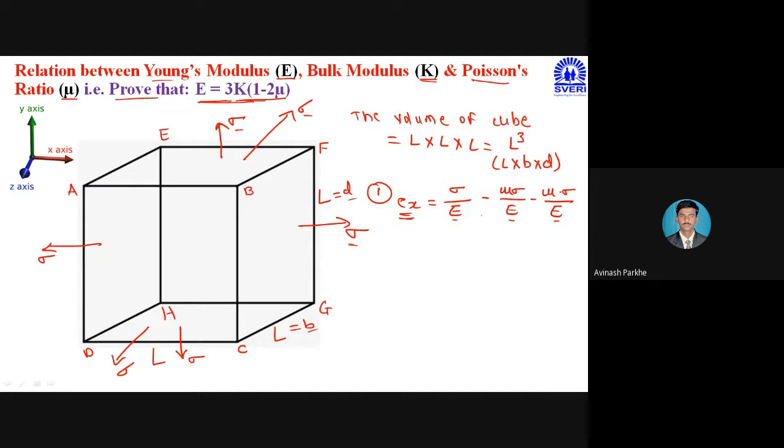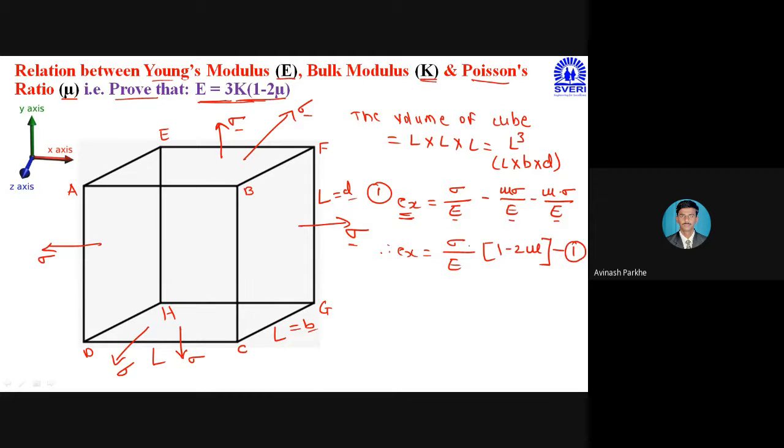Therefore, the negative sign indicates a decrease in strain, and these lateral strains are multiplied by mu. So the modified step I can write, if I take sigma upon E as a constant term, is that in the bracket it remains 1 minus 2 mu. So this is equation number 1.